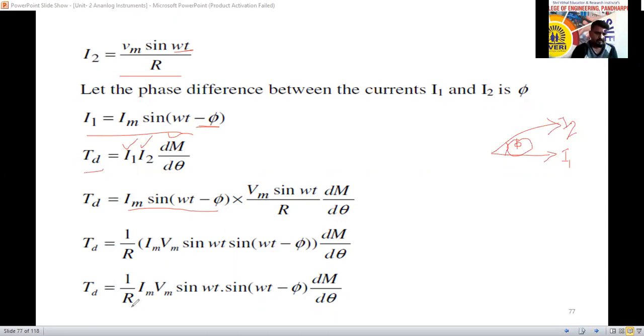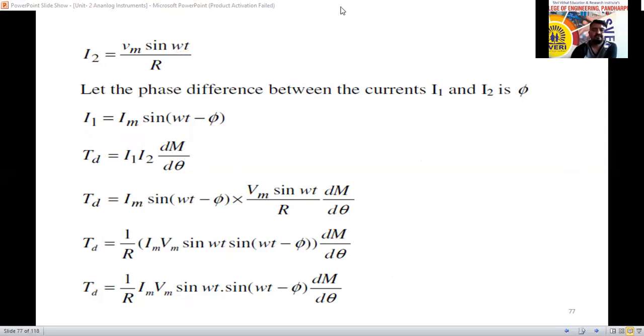The RMS value Vm by √2 equals V, and Im by √2 equals I. By taking the average value of this, we get the equation in the form of cos phi. That is the average equation.